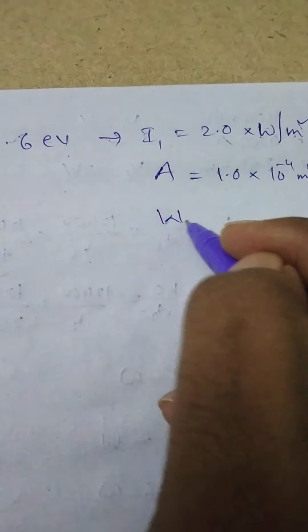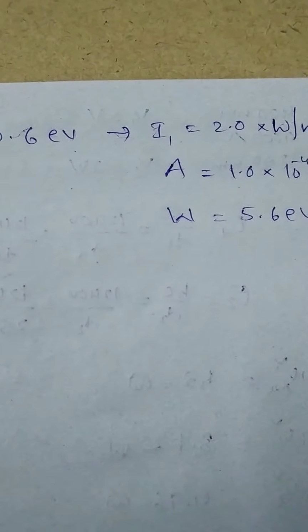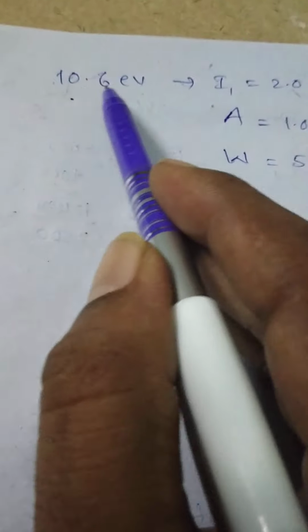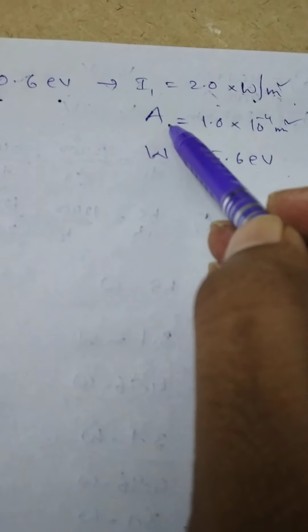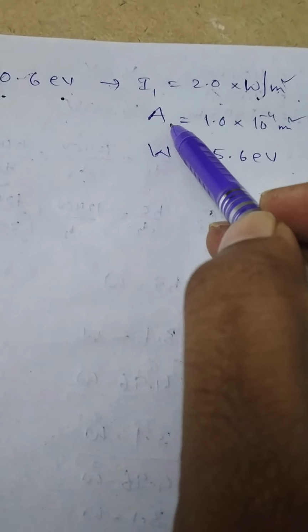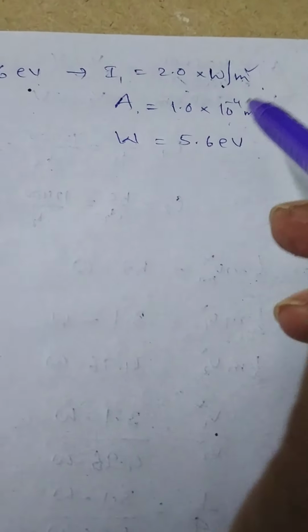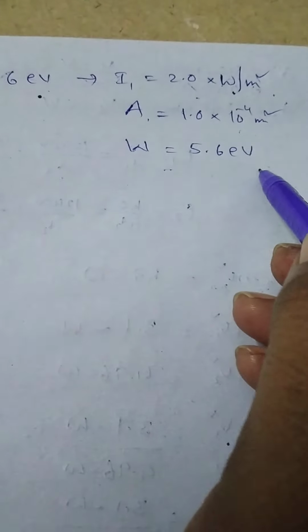Work function of the platinum is equal to 5.6 electron volts. Do you understand? A beam of energy 10.6 electron volts having an intensity 2 watt per meter square, incident on a platinum surface of area 1 into 10 power minus 4 meter square, having work function W equal to 5.6 electron volts.